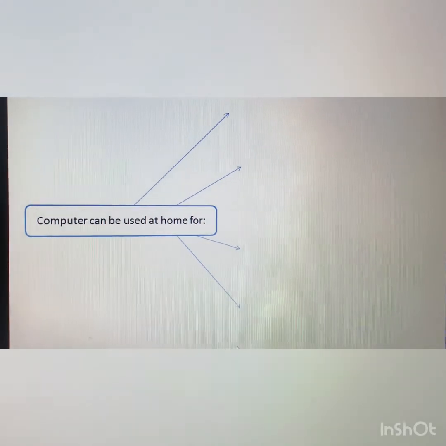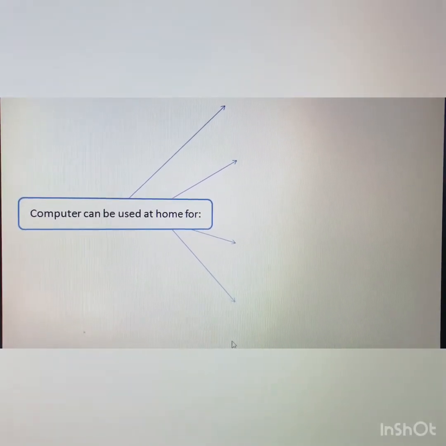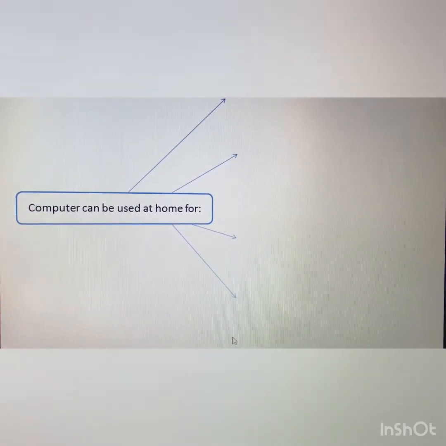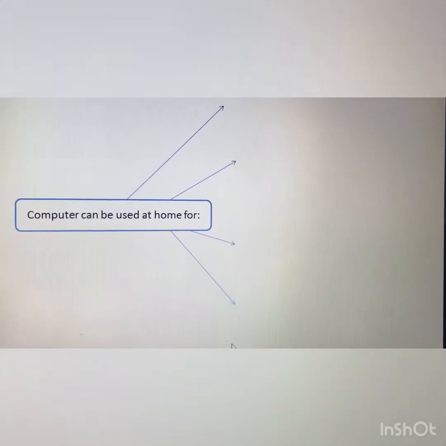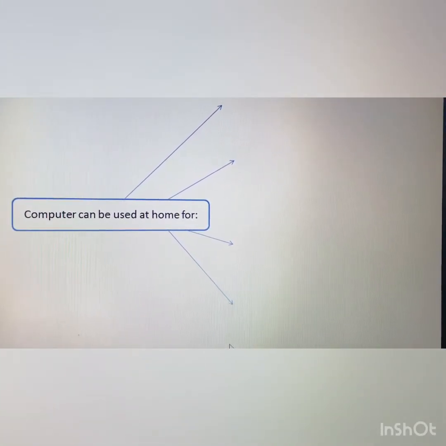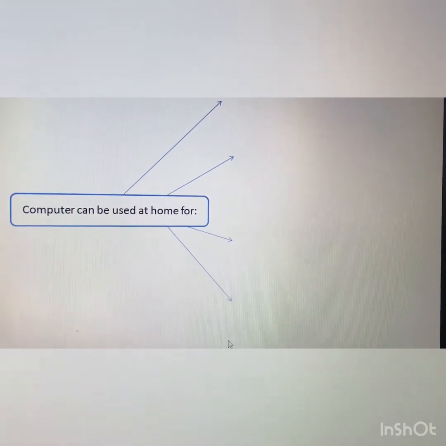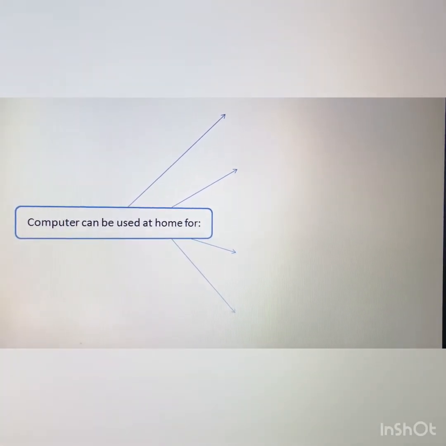I already explained it, so you have to recall. Yes, playing games, watching movies, drawing pictures. Now I will show you what you all have told me.